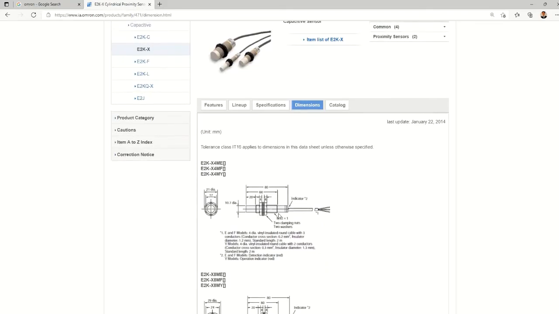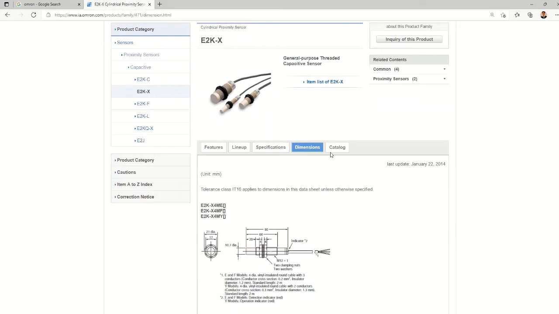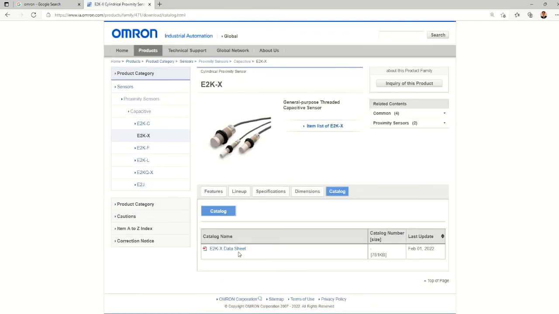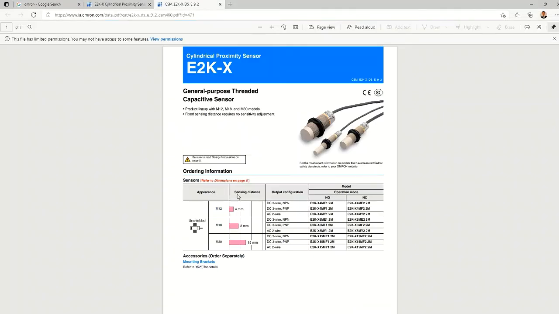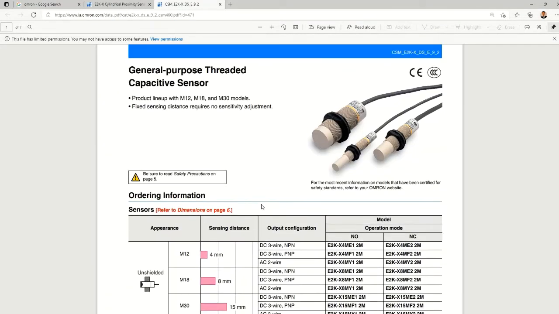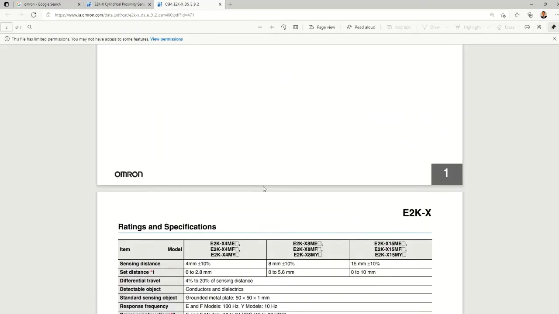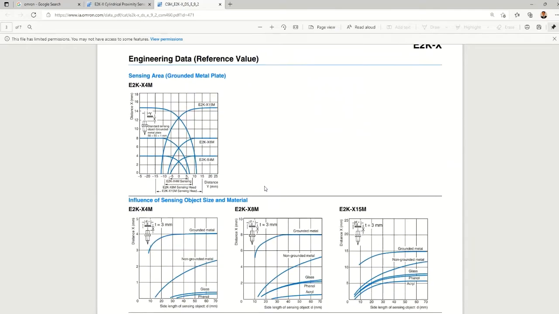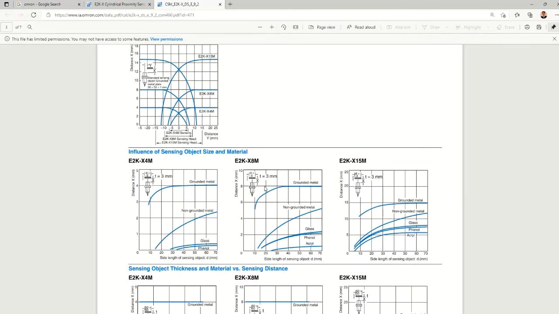The most important part is the catalog, because catalog contains a large amount of information. So let's go on to the catalog. Here you could see again the same information, right? And the model name, so how to order the model, so that is also important. And here we have the different graphs which are given for influence of sensing object size and material.